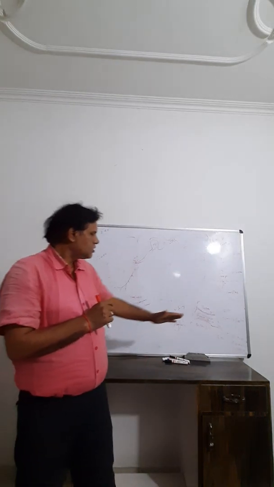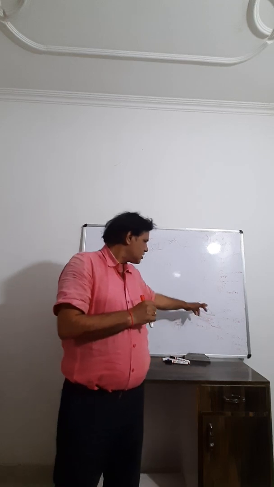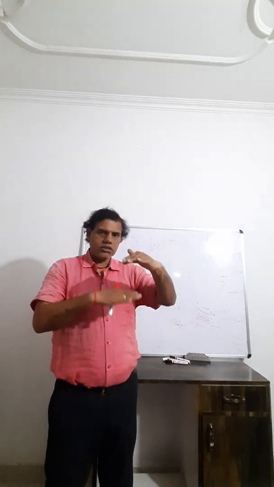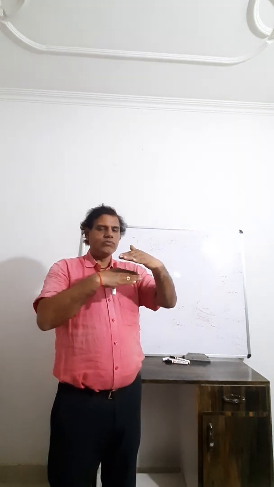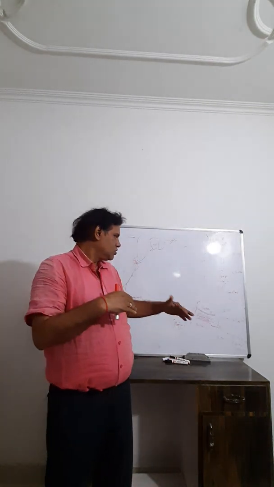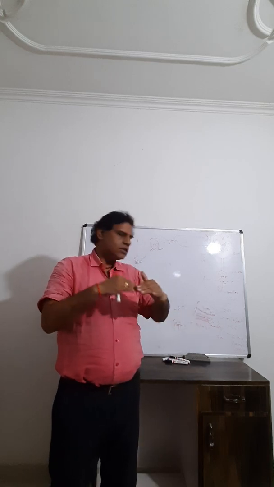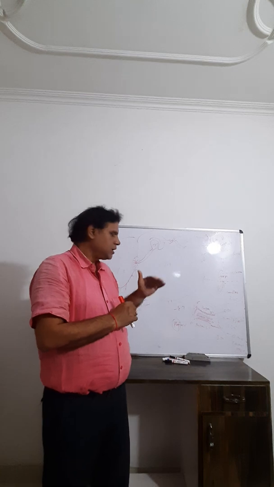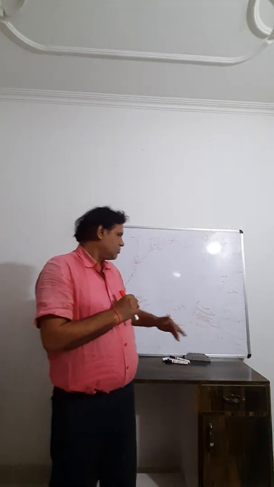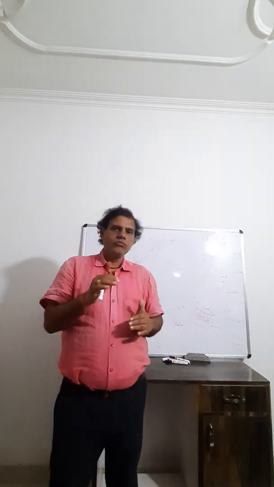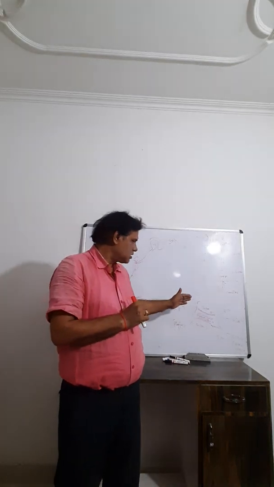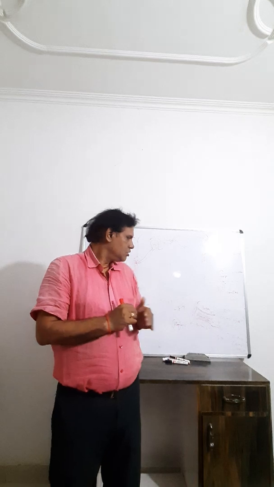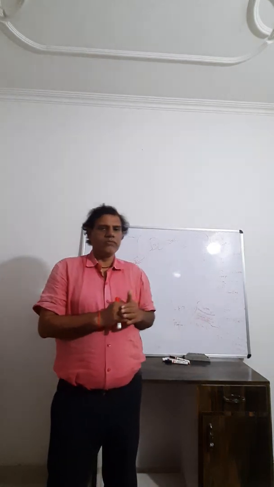The outer portion is the scala vestibuli, the inner portion is the scala tympani, and the middle portion is the scala media. The scala vestibuli and scala tympani are connected to each other at the helicotrema, and they contain perilymph because they are surrounded by the bony labyrinth. The bony labyrinth contains perilymph and the membranous labyrinth contains endolymph, so the scala media contains endolymph.